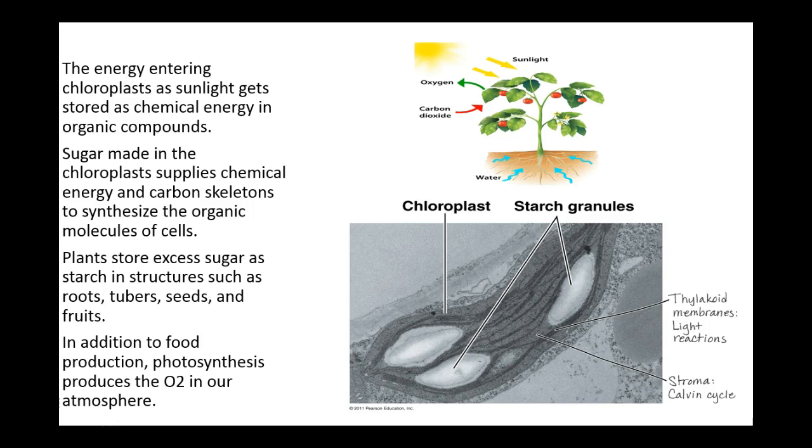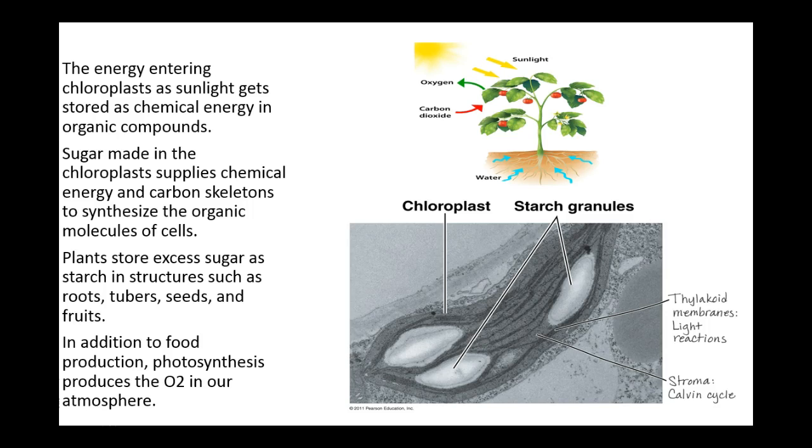So that sugar that's made by the plant then can become more of us or any other heterotroph. The plant can store that sugar as starch in structures such as the roots, tubers, seeds, and fruits. And in addition, photosynthesis is very, very important with regard to putting oxygen back into the atmosphere.